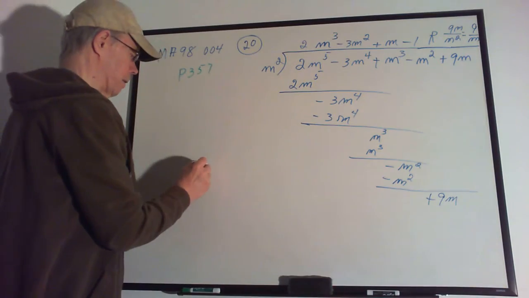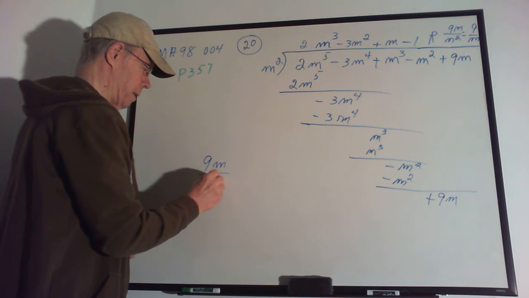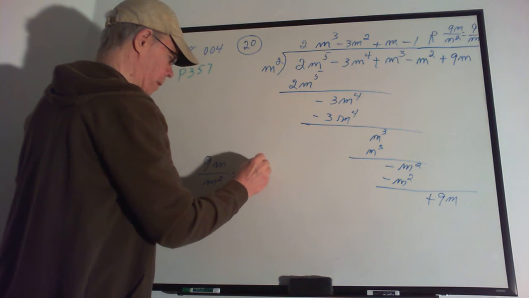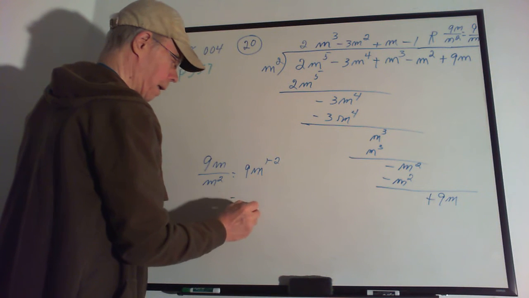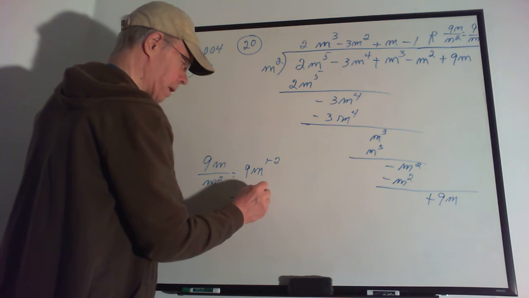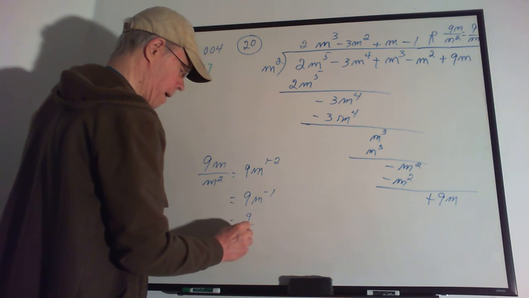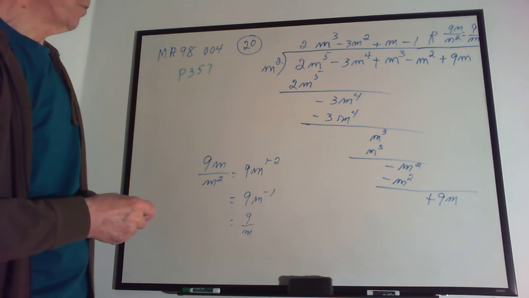All right, because 9m over m squared gives me 9m, 1 minus 2, subtract the exponents, and that's equal to 9m to negative 1, and that's equal to 9 over m. But you do need to reduce them.